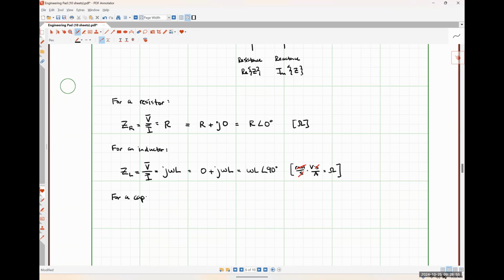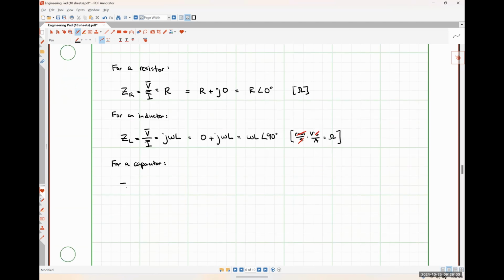So lastly here, let's talk about a capacitor. For a capacitor, the ratio of phasor voltage to phasor current is going to come out to be what? 1 over j omega C. So in our capacitor, it looks like our impedance is inversely proportional to frequency, meaning that at DC, it looks like an open circuit, and at high frequencies, it looks like a short circuit.